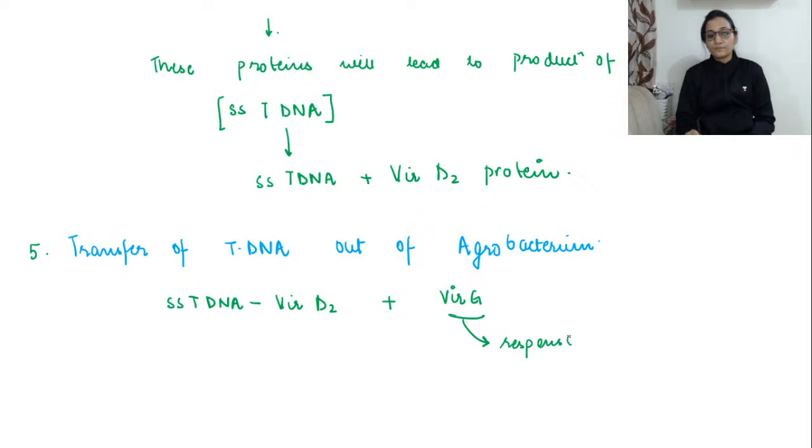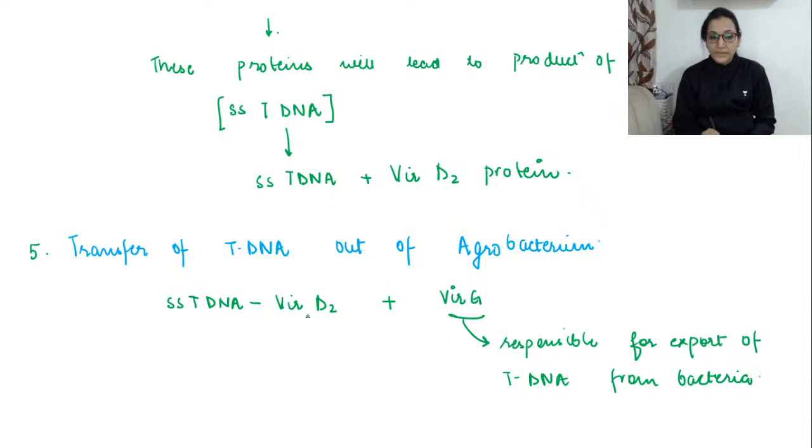Responsible for export of tDNA from bacteria. Now, we have seen Vir D1, Vir D2 and Vir G. There is another virulence gene which will play a role, that is Vir B. So the product of Vir B, the Vir B proteins, will be responsible to form the transport apparatus.